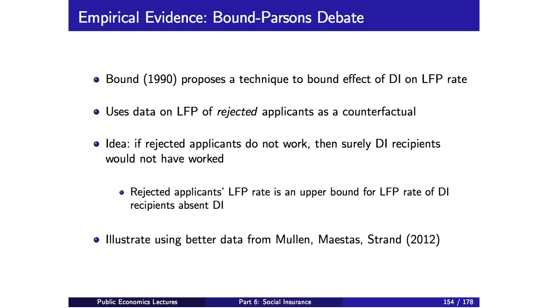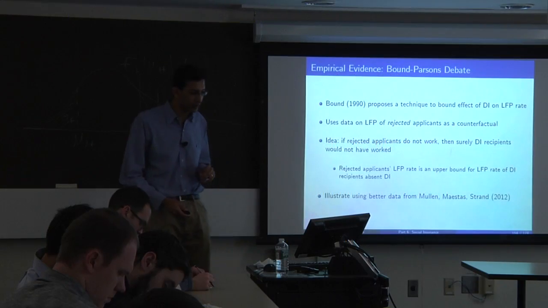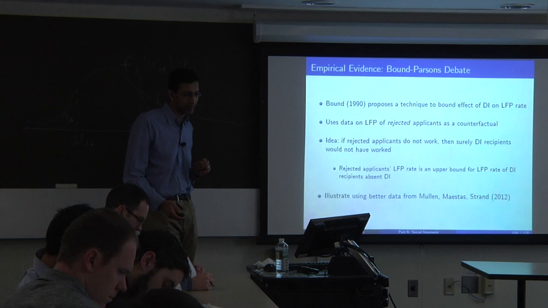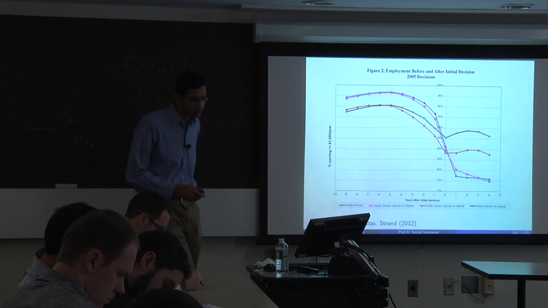So he has some data demonstrating this technique. I'm going to talk about this paper by Maestas, Mullen, and Strand that's just coming out in the AER, which does a similar exercise and does some other things.